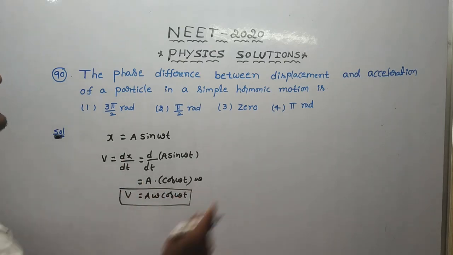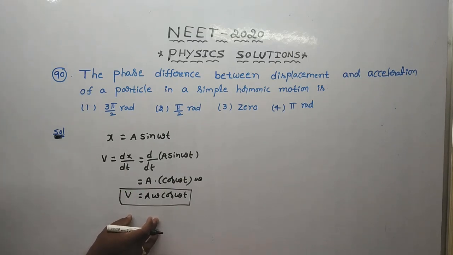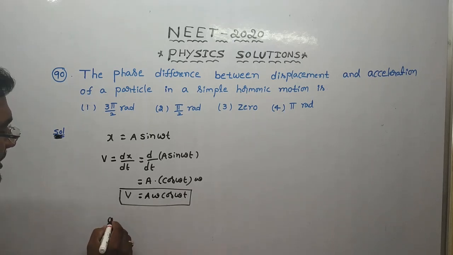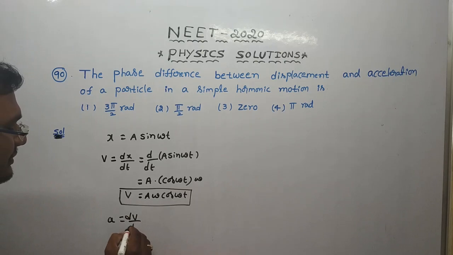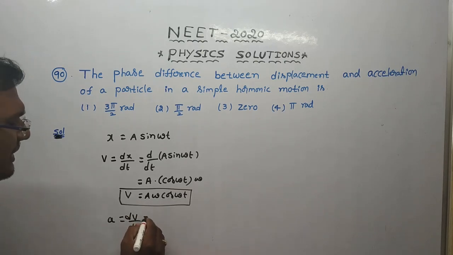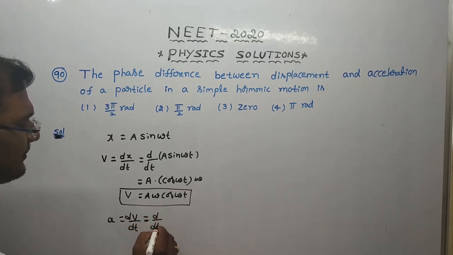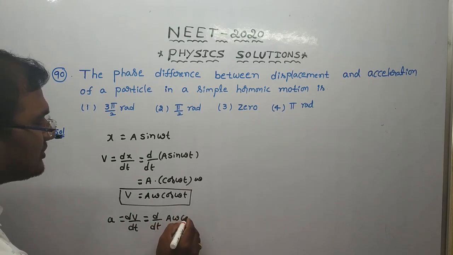Our aim is to calculate the acceleration. So, again differentiate the velocity with respect to time, we get the acceleration. Therefore, acceleration a equal to dv by dt, that equals d by dt of a omega cos omega t.